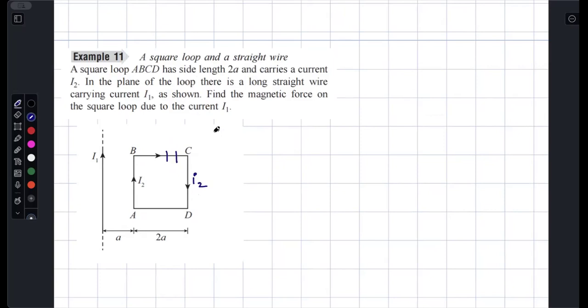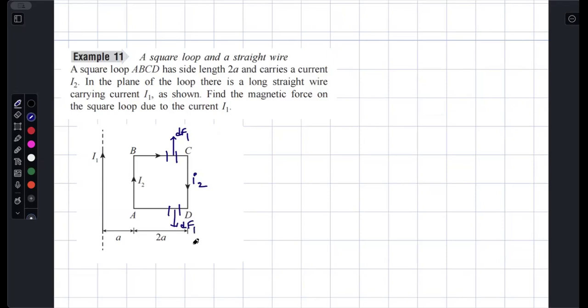Fleming's left hand rule. What is the direction of the field to the right side of I1 current carrying conductor? Into the plane of the paper. Pointing finger into the plane of the paper. Central finger rightwards. Thumb is upwards. This is some dF1. Now you take a similar element over here. On this, the force is dF1 downwards.